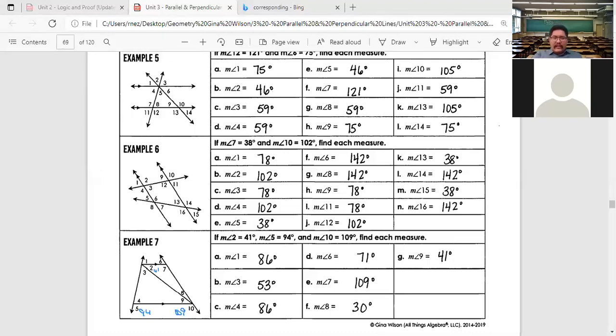So 53 plus 41 is how you get 94. And then moving on to the next one, angle 4. Well, we already know that one is 86 because 1 and 4 are corresponding, so that must mean 4 would also be 86.